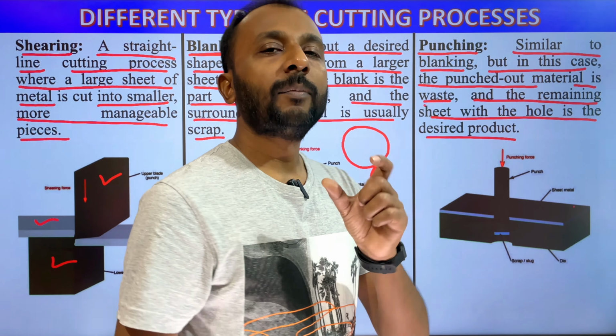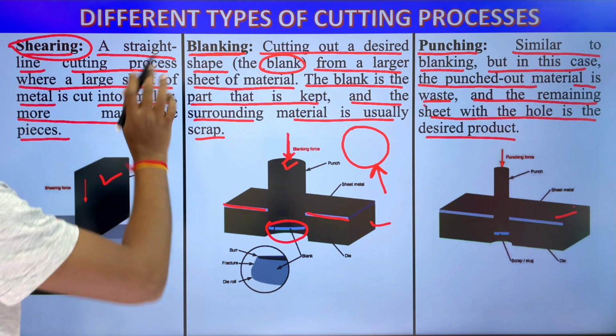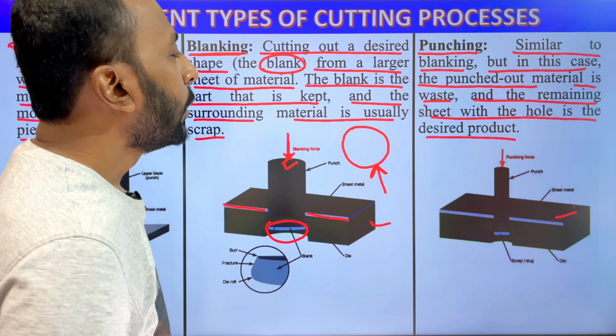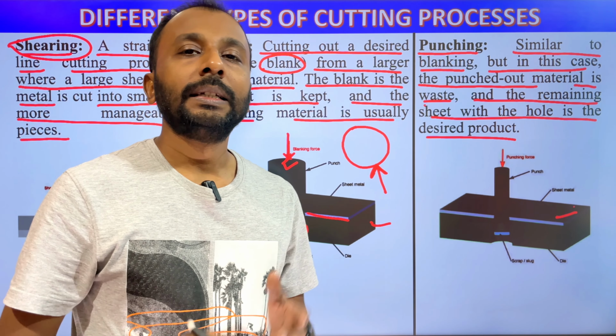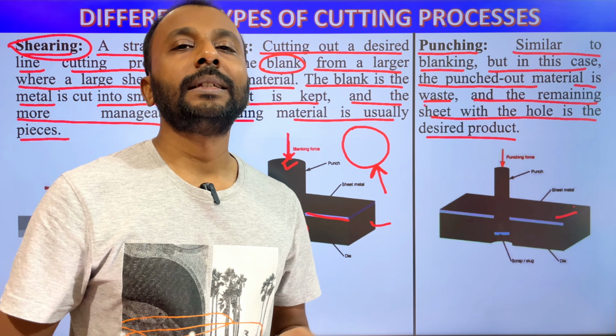In case of punching also the cutting is in a closed contour path. So here three types of cutting operation can be seen. More cutting operations are lancing, notching, etc.